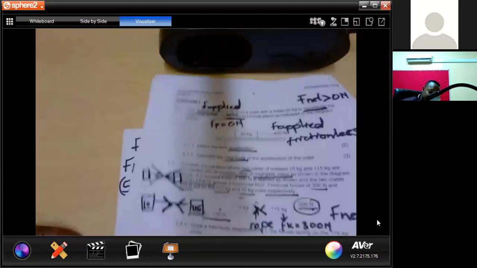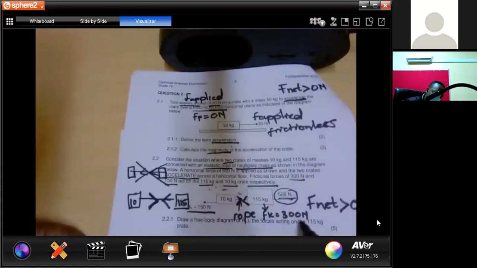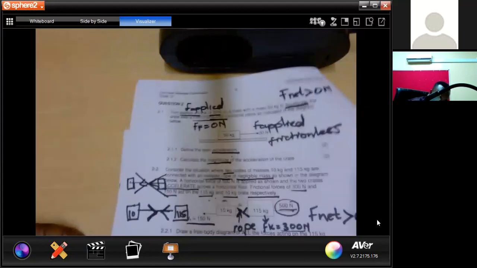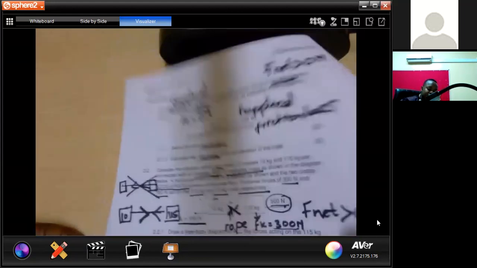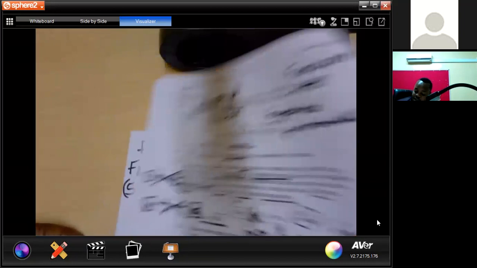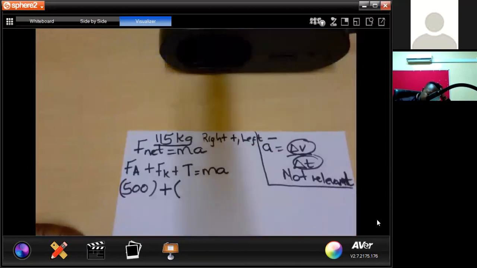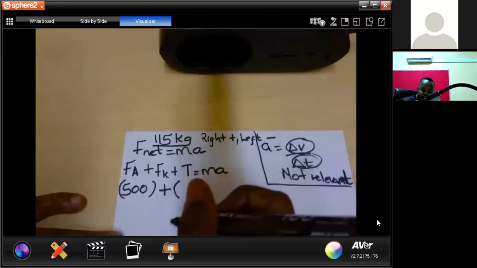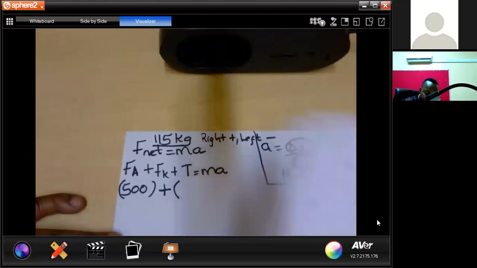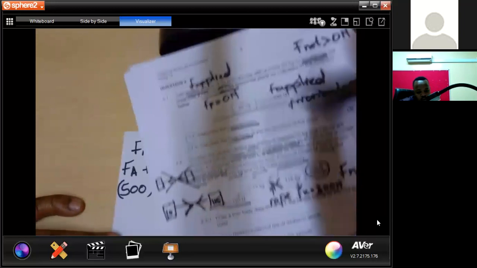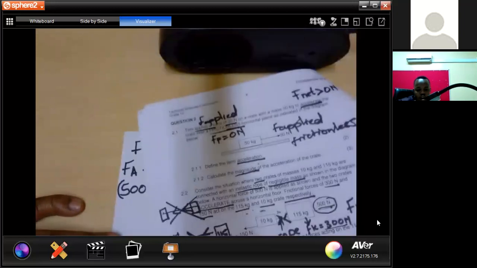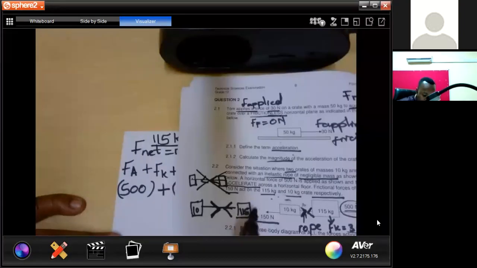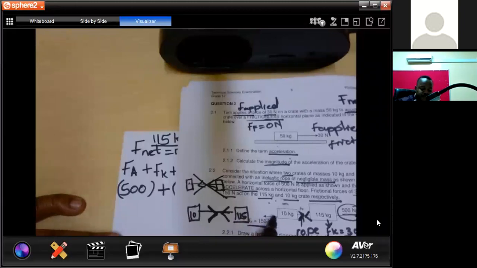Now, the frictional force acting on here, we know on the 115 kilogram, it is 300 newtons. But it is acting to the left because we already saw that from the direction of friction that was given on the 10 kilogram block. It was to the left. In other words, the direction of motion was to the right. You see, there's the friction.